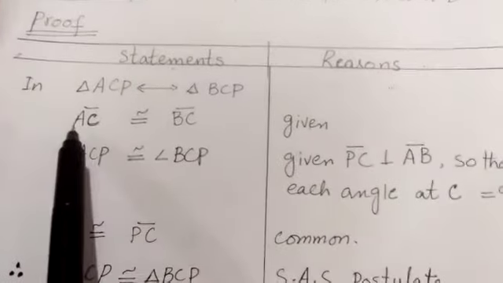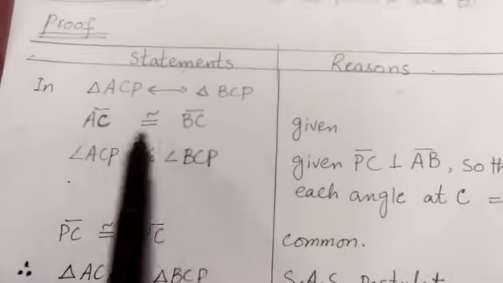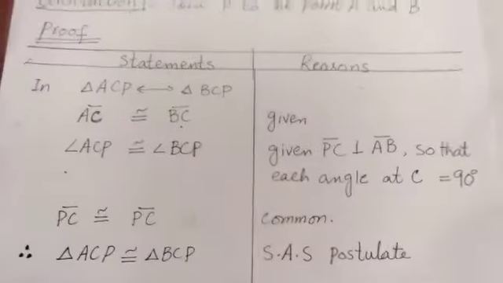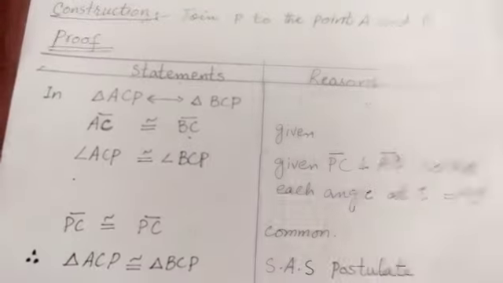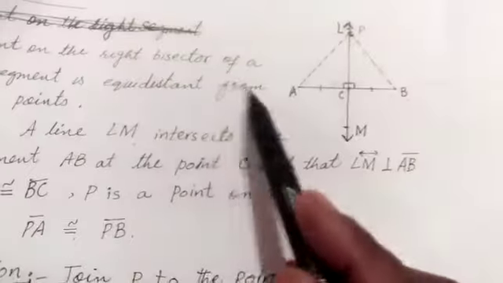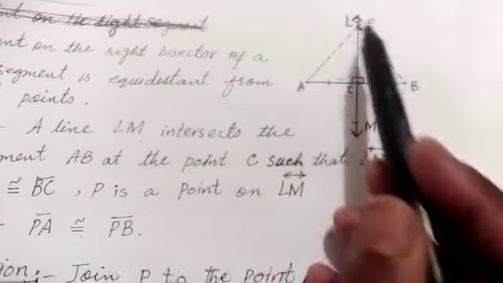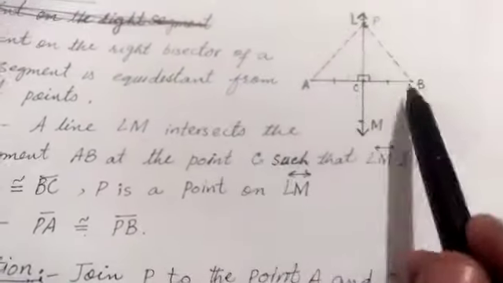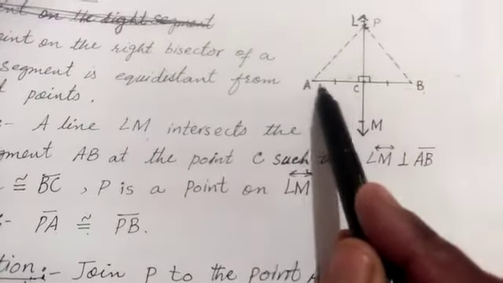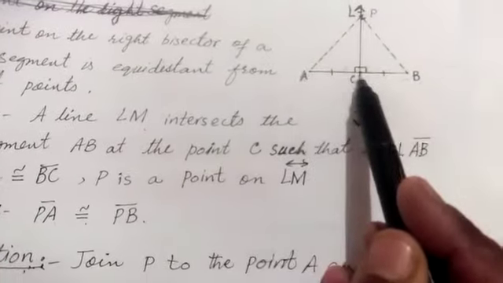First of all, we will write AC is congruent to BC. AC means AC side. This is A to C. As this is given in the statement that a line is bisecting the line AB, so this is the portion of line AB.